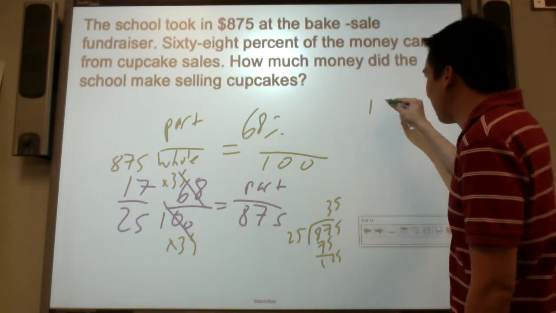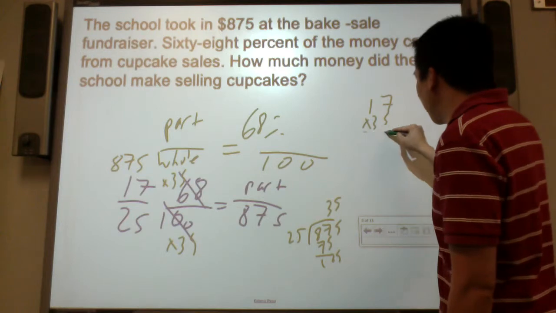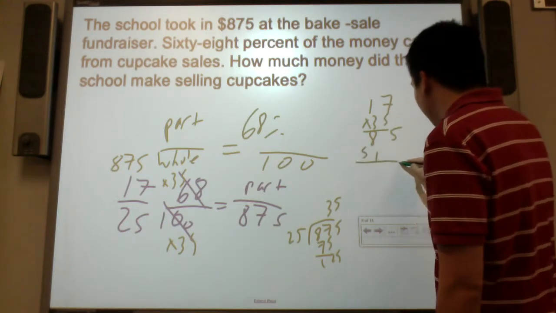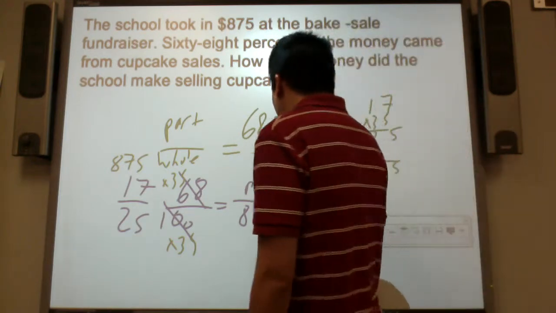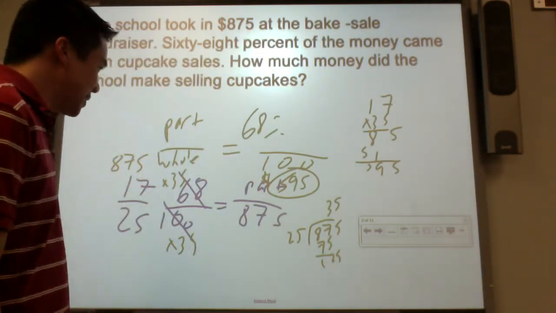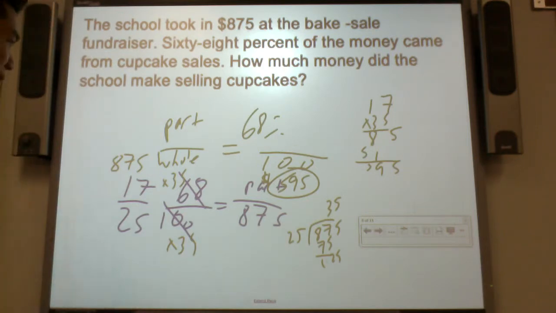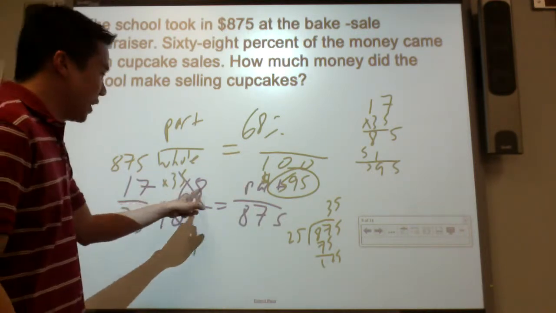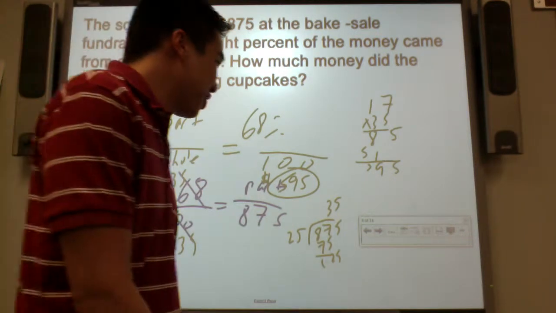We're building it up. 17 times 35 is $595. Out of the cupcakes, this is how much money they made. They made $595, which is 68% of $875.